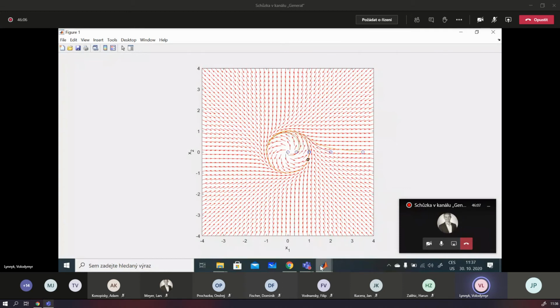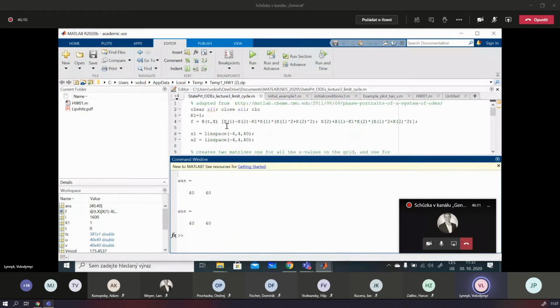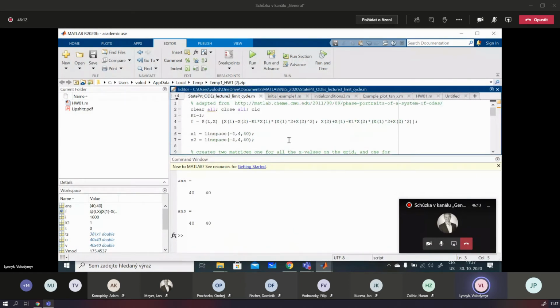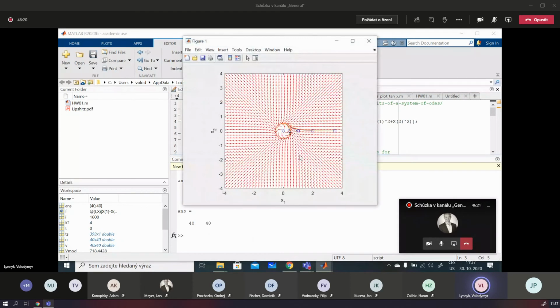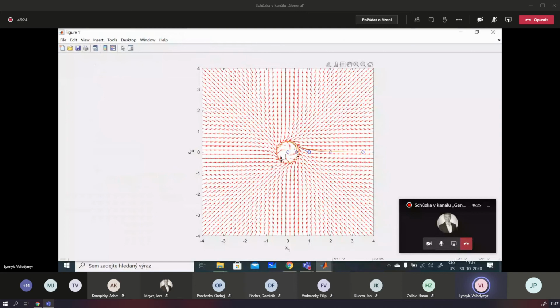Okay, and we can change the coefficient here, for example 4, and then it will be much less. And you can see that when we start, we always stay on this stable circle.